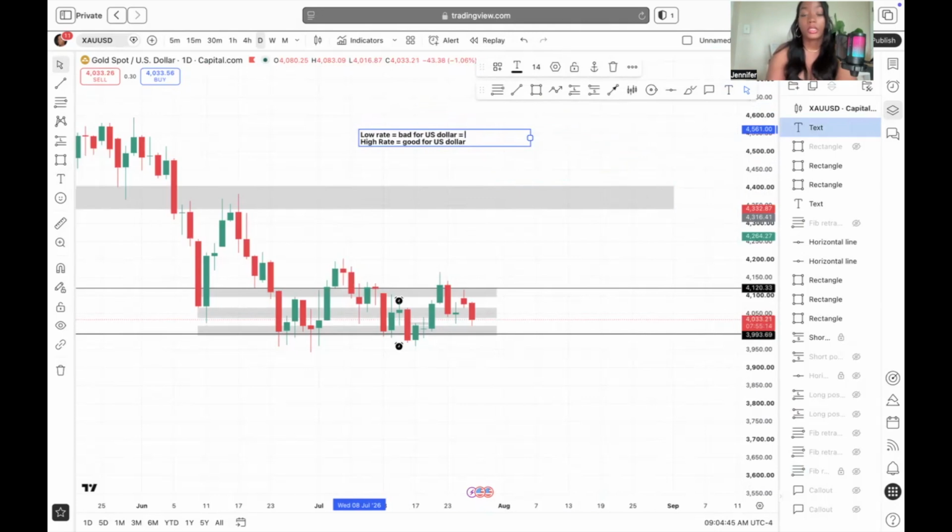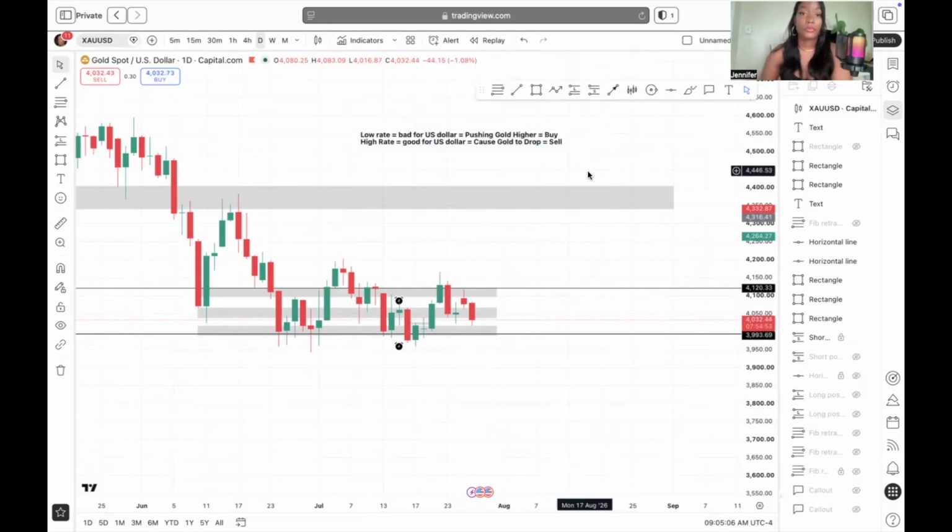Low rates is going to push gold higher. High rates will cause gold to drop. So you would sell, and here you would buy. Cool. Low rates, bad for the US dollar, pushes gold up higher, you would buy. High rates, good for the US dollar, causes gold to drop, you would sell.